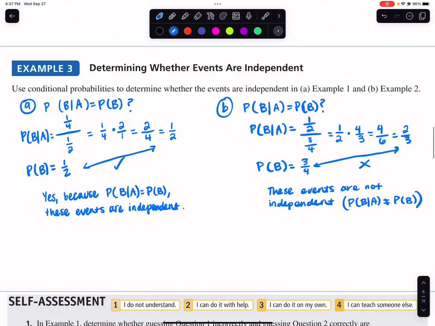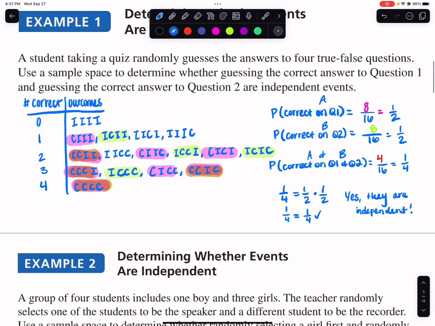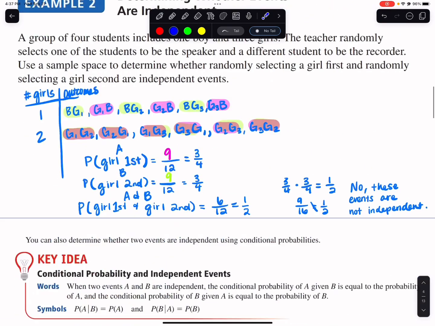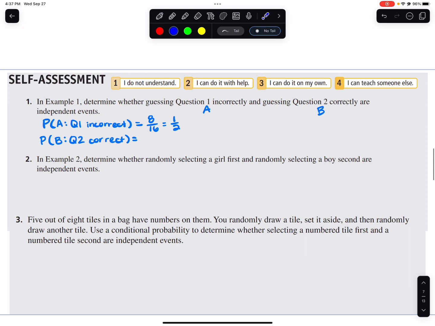So I'm going back to my example 1, and I'm figuring out how many outcomes are question 2 correct. So I've got 1, 2, 3, 4, 5, 6, 7, 8. So again, 8 out of 16, that's 1/2. And then the probability of both.